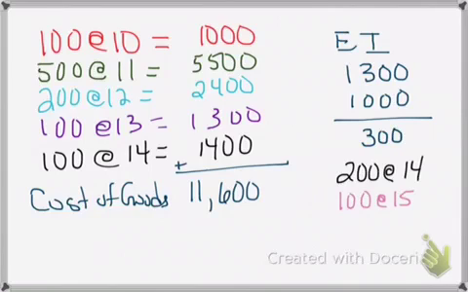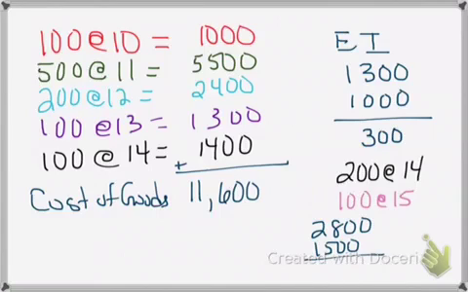And so when I look at these particular numbers, what I'm going to end up with is the 200 at 14 is $2,800, and the 100 at 15 is going to be $1,500.